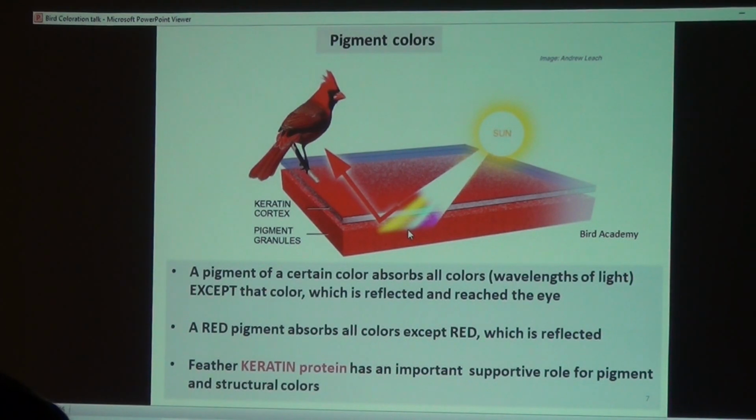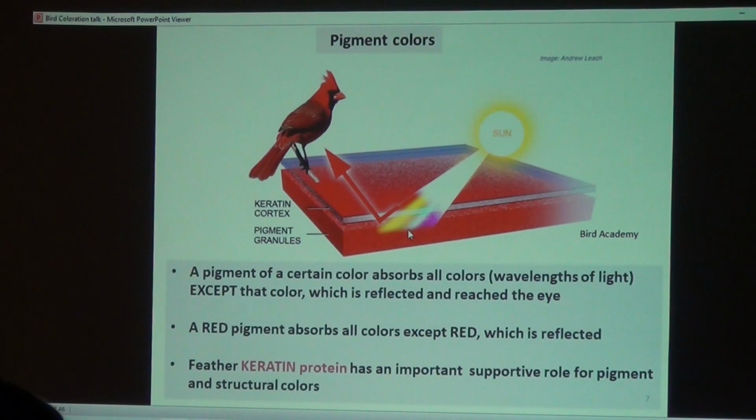Strictly speaking, this is not entirely correct. What is bouncing off is a particular wavelength or a set of wavelengths. And these wavelengths excite one or more of our cones. And the brain is then interpreting this as a red color.